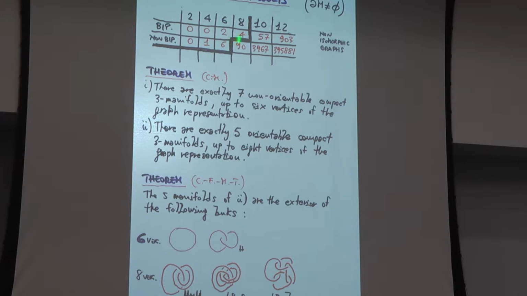The 2 with 6 vertices are the complement of the trivial knot, so the manifold is the solid torus, and the other is the complement of the Hopf link. And in the case of 8 vertices, there are 3 manifolds, and all of them are complements of links. The first link is not prime, it's the open chain with 3 components.